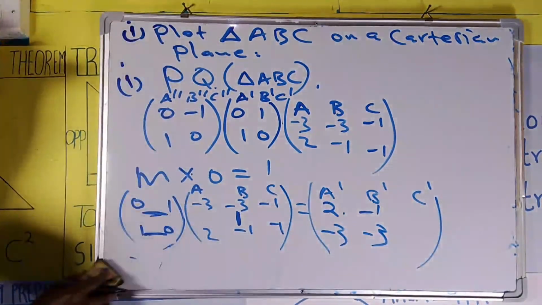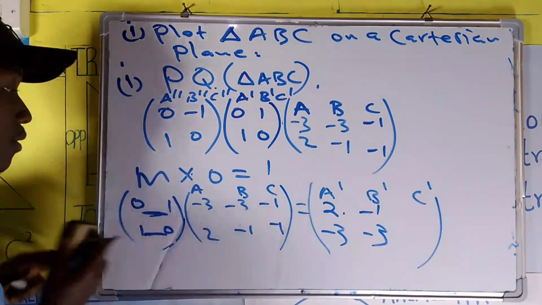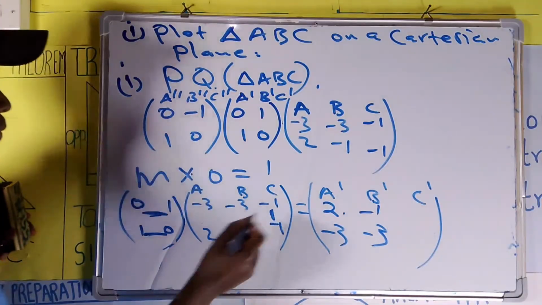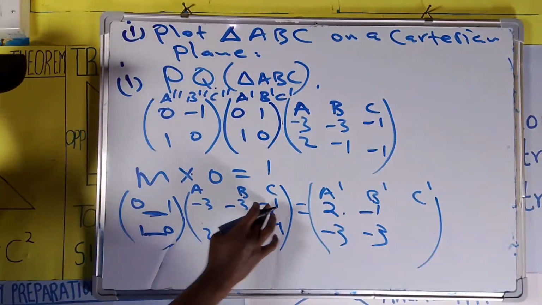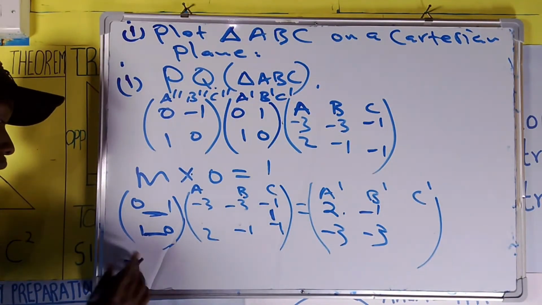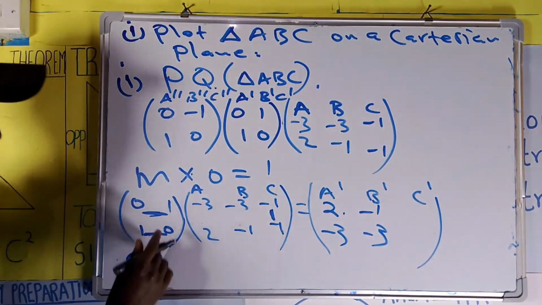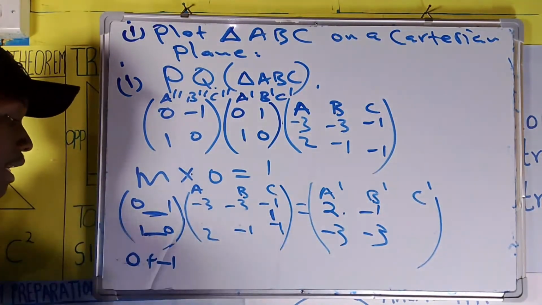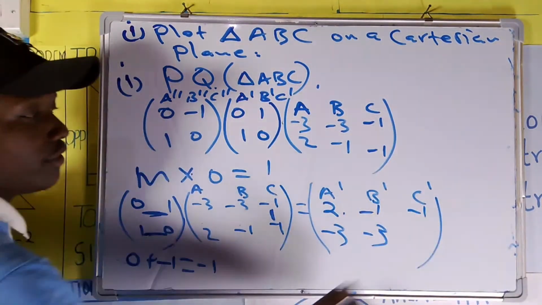Tumemalizana na hiyo. So tuende ya mwisho. Ya mwisho: 0 times negative 1, sorry, is 0 plus 1 times negative 1 is negative 1. So 0 plus minus 1 is minus 1. So that will give us negative 1.